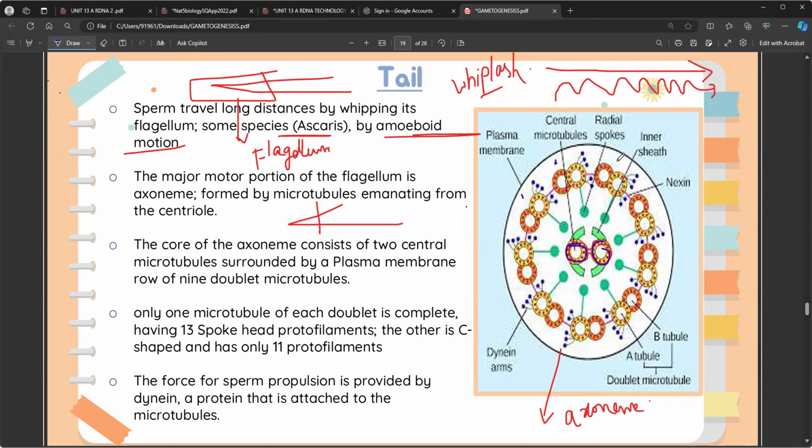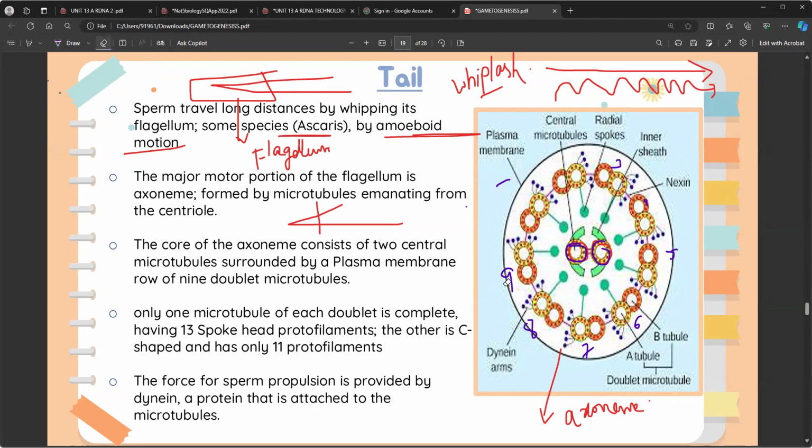So 1, 2, 3, 4, 5, 6, 7, 8, 9. So 9 microtubule doublets are surrounding the two central microtubules. That's the reason we call it the 9+2 arrangement. We call it what? 9+2 arrangement. Don't get confused.